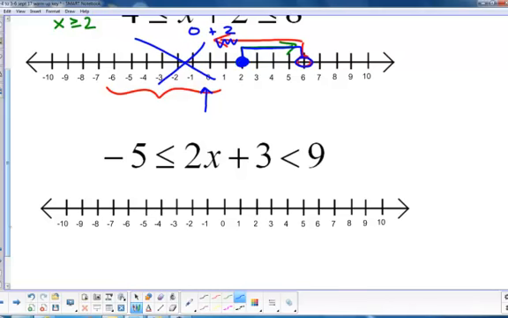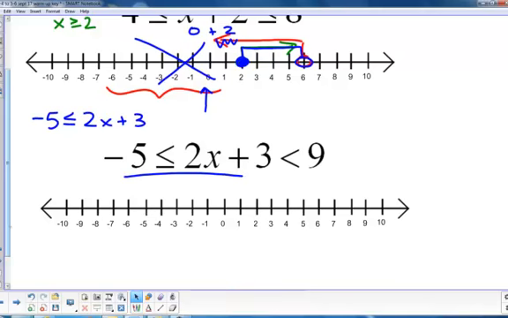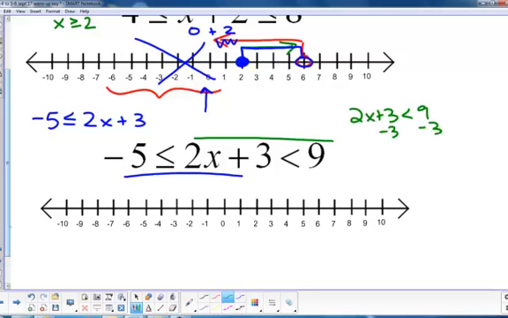Okay, we're going to break this one up. Negative 5 is less than or equal to 2x plus 3. So I've got this, and then I also have this: 2x plus 3 is less than 9. So let's solve each one. At 3, I have an open circle with an arrow left.